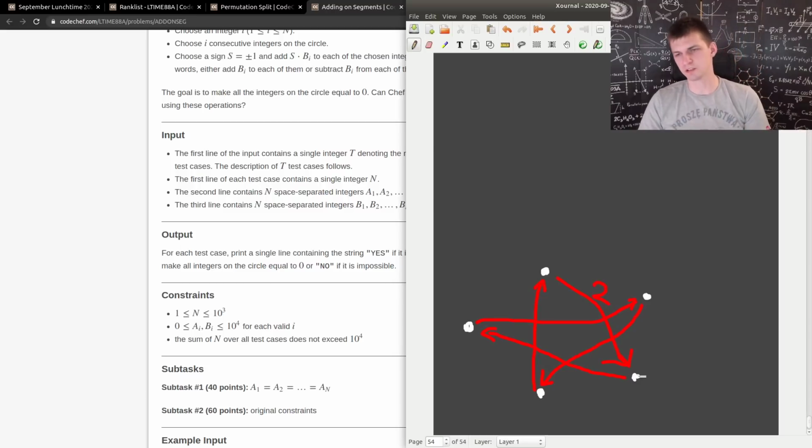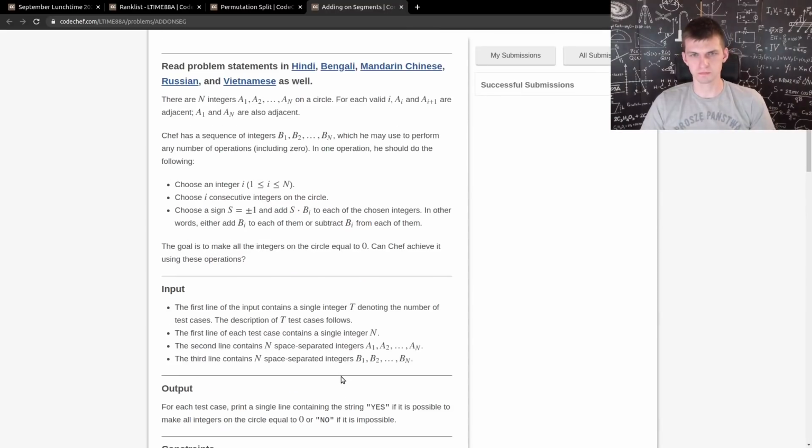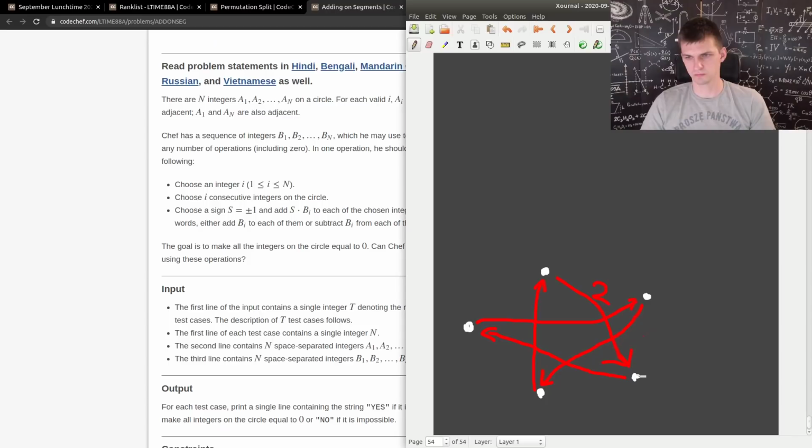Let's say that I also keep track of the sum of all numbers, and I want to change this sum from something to 0. Applying this edge once increases the sum by twice the cost. 2 is actually the length here, so maybe I will change this.